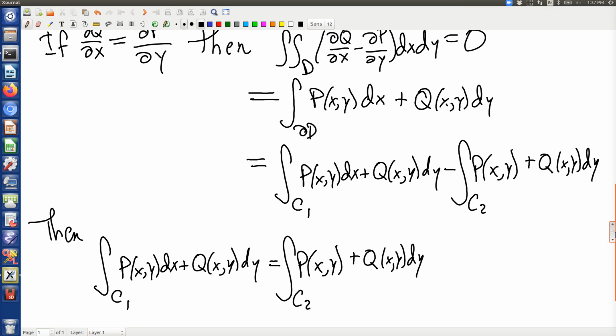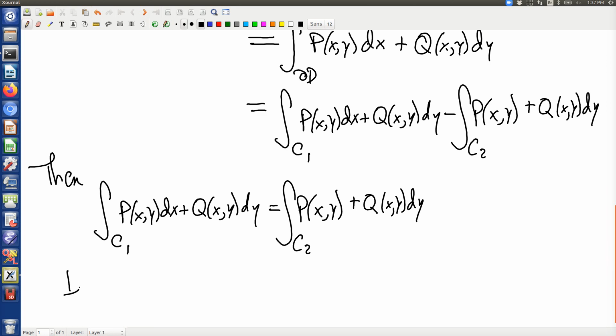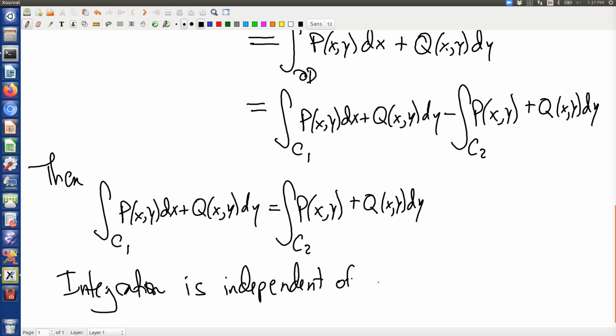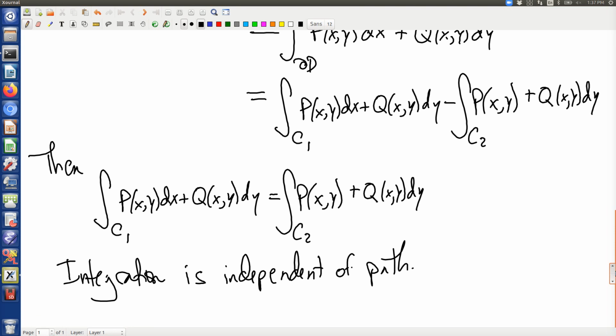That means, in particular, that integration is independent of path. And that should feel very, very similar to the situation in which we have an analytic function. If we've got an analytic function, then it has an antiderivative.